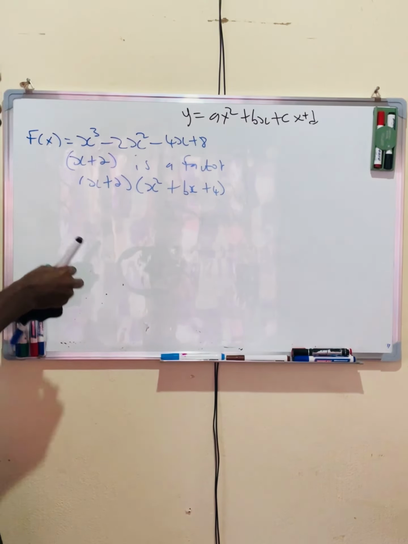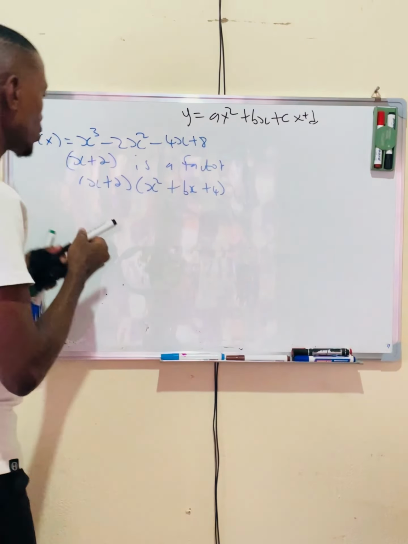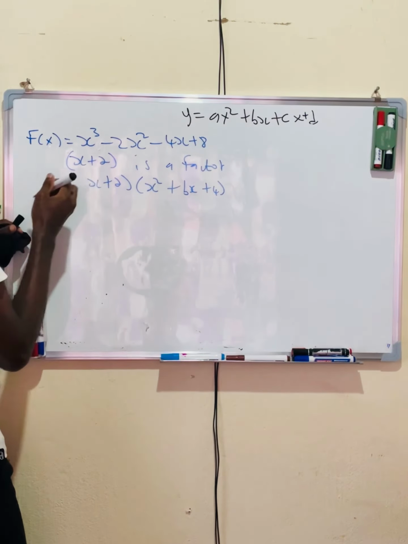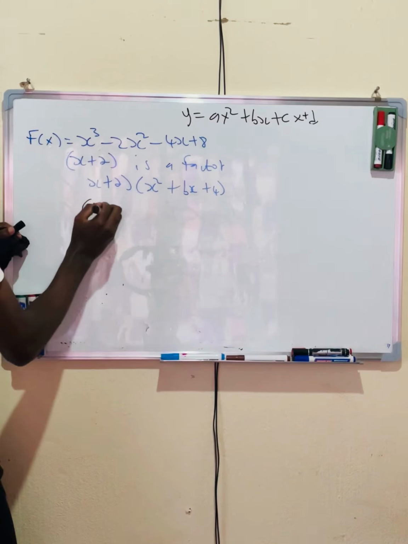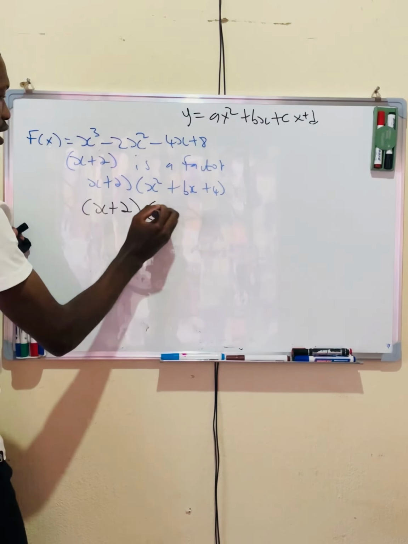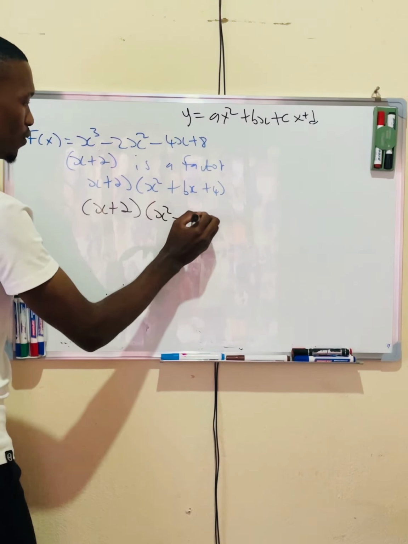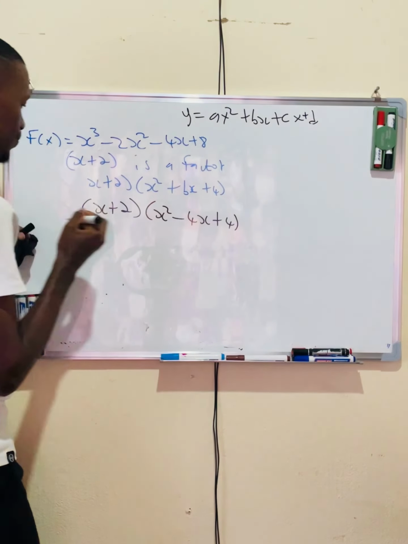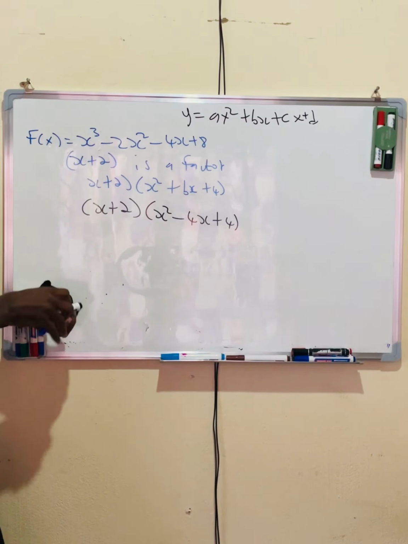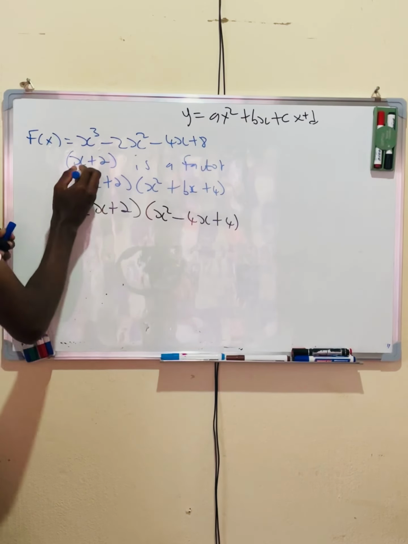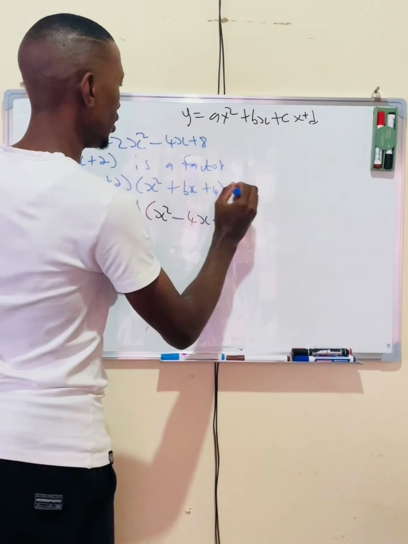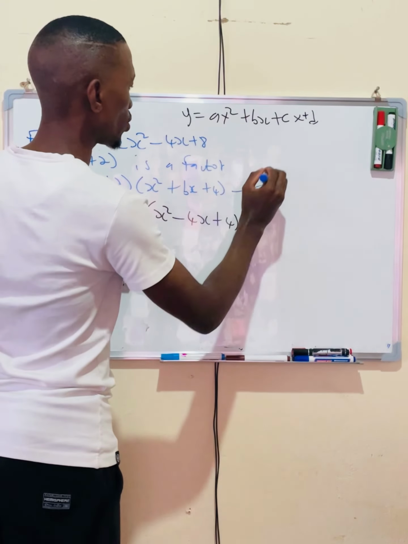Okay. So we're able to see that our b is negative 4. So I'm going to plug it here: x plus 2, x squared minus 4x plus 4. Okay, remember this one.